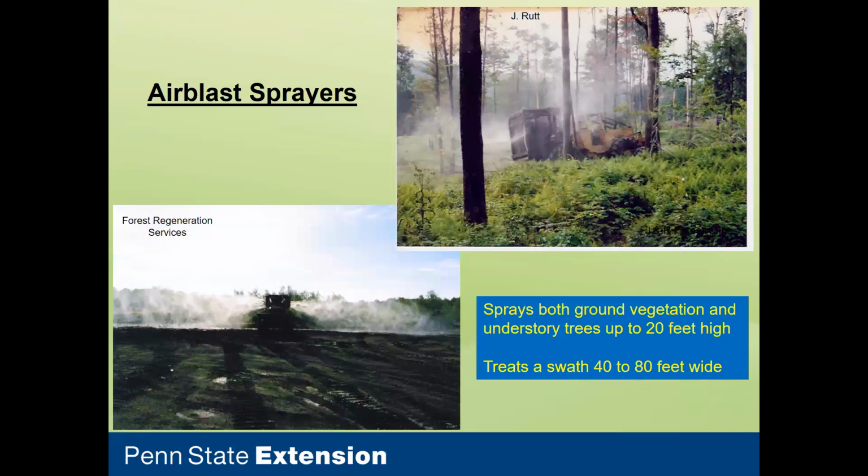And depending on the density of the vegetation in the understory, you can see how wide of a swath in an open area where this is just being calibrated in a parking lot. But you can have a swath that's from 40 to 80 feet wide that something like this can take out in a day, or in one pass, I mean.